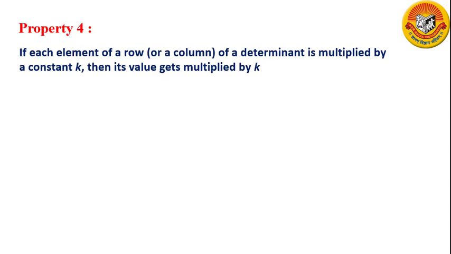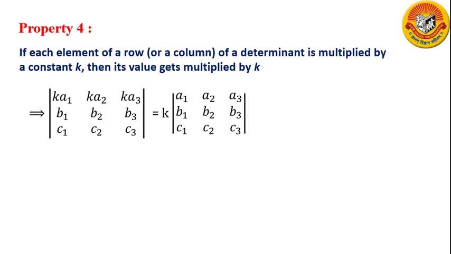If each element of a row or a column of a determinant is multiplied by a constant k, then its value gets multiplied by k. See here, on the right hand side I have a determinant A1, A2, A3, B1, B2, B3, C1, C2, C3.